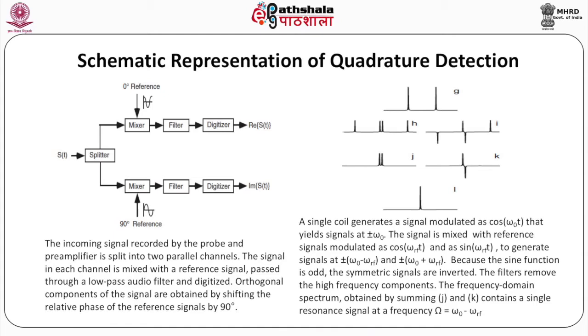The filters remove the high frequency components so that only low frequency components remain in the spectra J and K. Then these two are summed up so that the frequency domain spectrum obtained by summing J and K contains only a single resonance signal at a frequency omega equal to omega 0 minus omega RF.